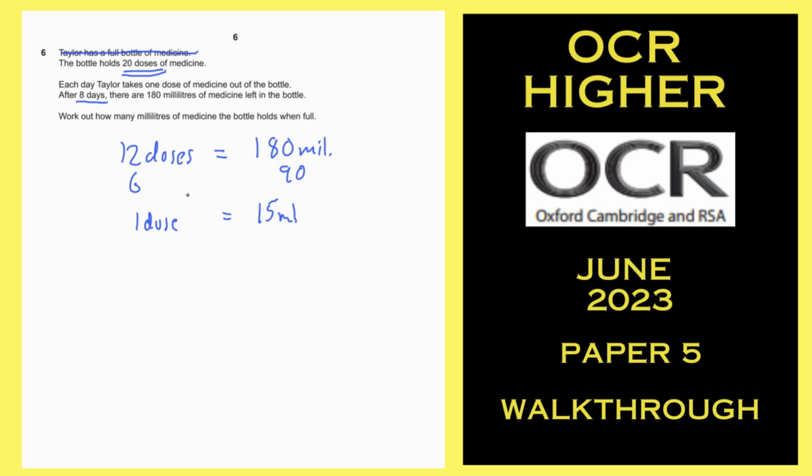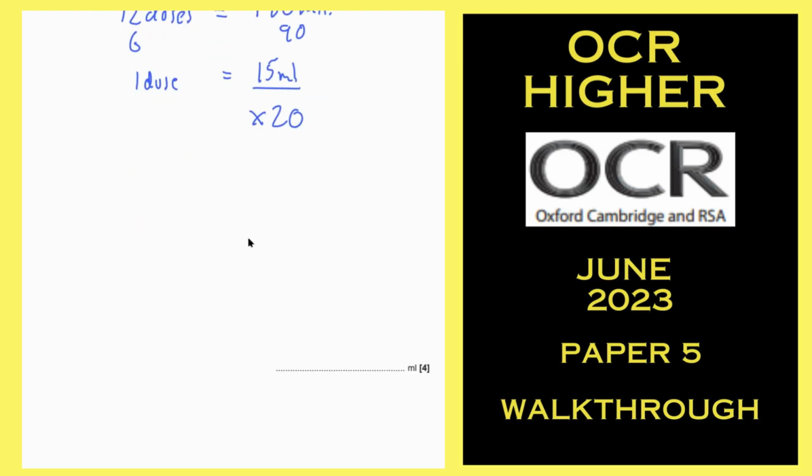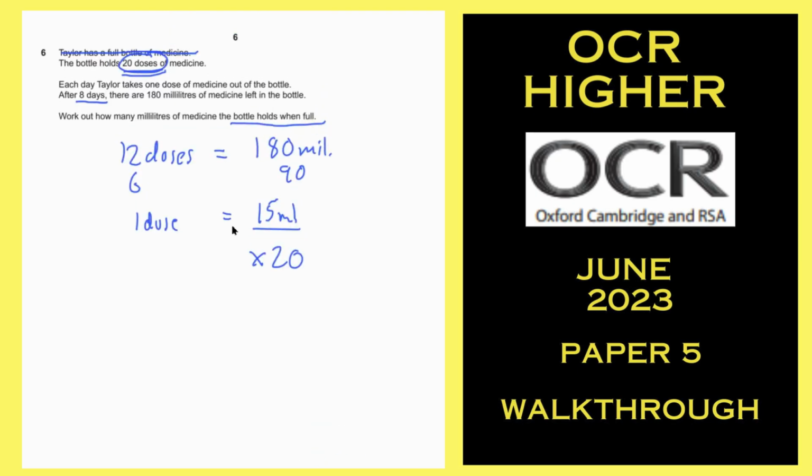Work out how many millilitres were in a full bottle. 1 dose is 15. Back to the question, we need 20 doses for a full bottle, so we're going to times it by 2 and then times it by 10. 300 millilitres.